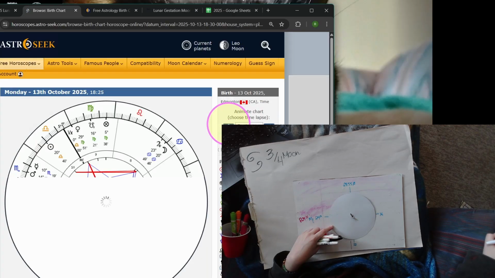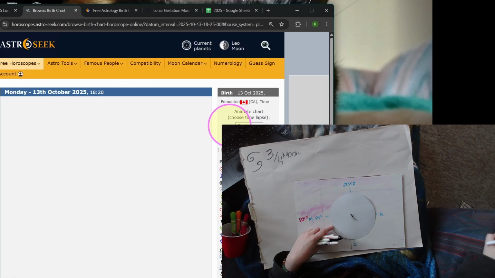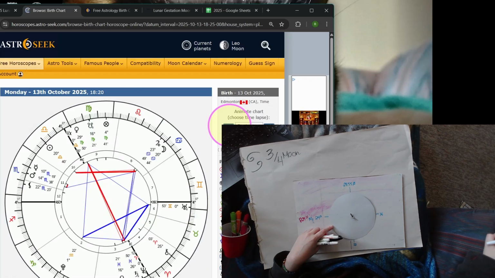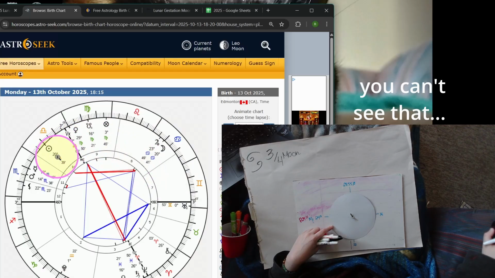So I'm just scrolling back and forth until the degree of the moon matches the degree of the sun, and I am looking here at these two to see that they match up, but you can also look right here. If these numbers are too small sometimes, I'll look on this side as well.